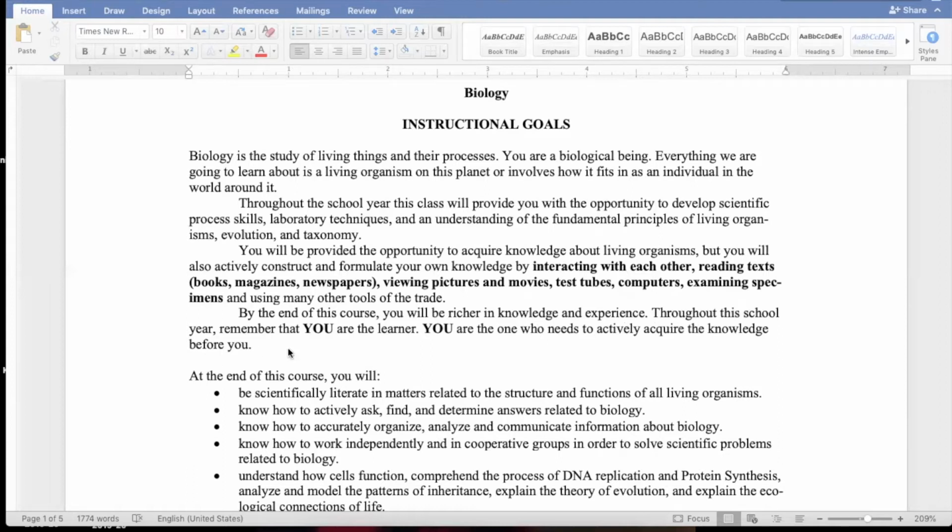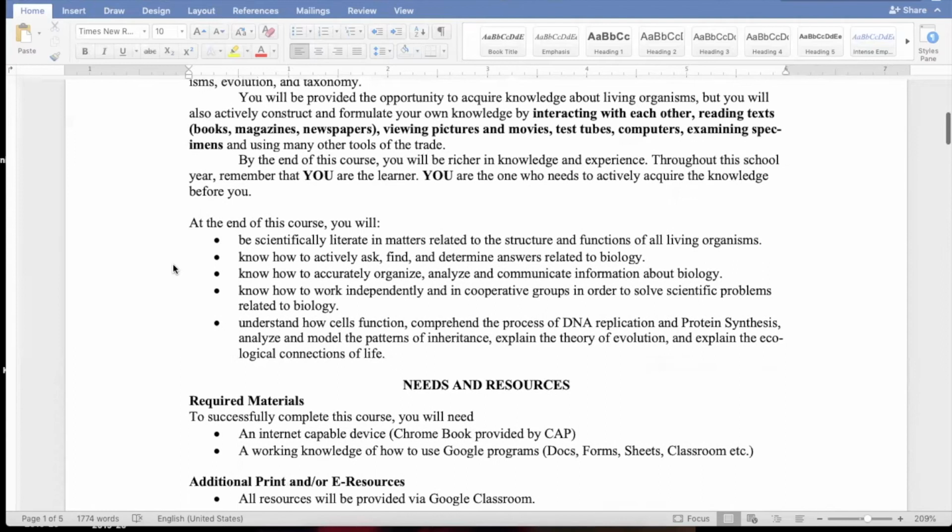Throughout this school year, remember that you are the learner. You are the one who needs to actively acquire the knowledge before you. At the end of this course, you will be scientifically literate in matters related to the structure and function in all living organisms. Know how to actively ask, find, and determine answers related to biology. Know how to accurately organize, analyze, and communicate information about biology.